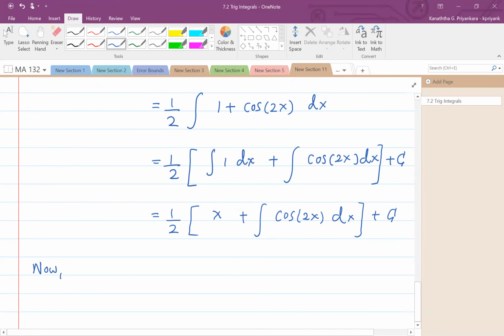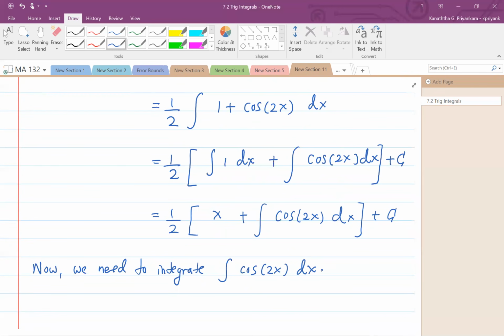Now we need to integrate the integral of cosine 2x dx. What you can do is use u substitution.